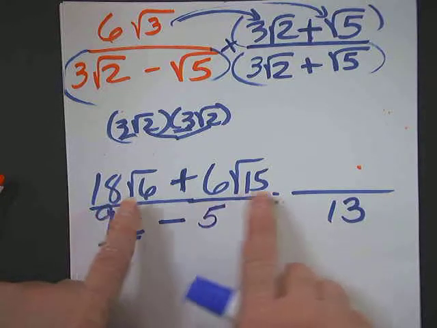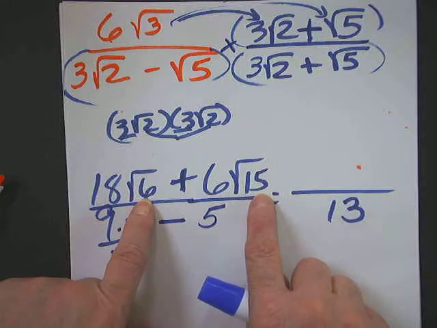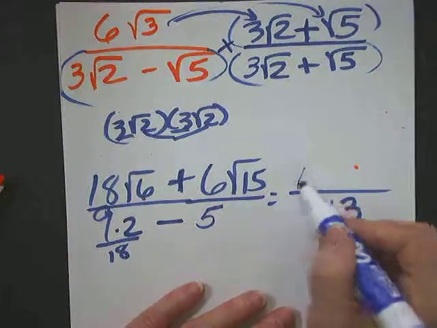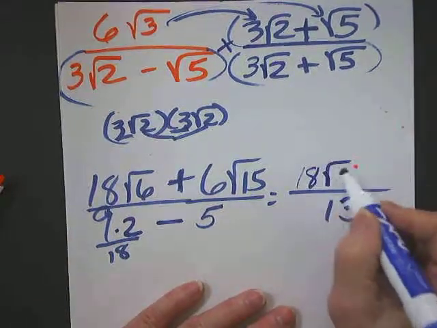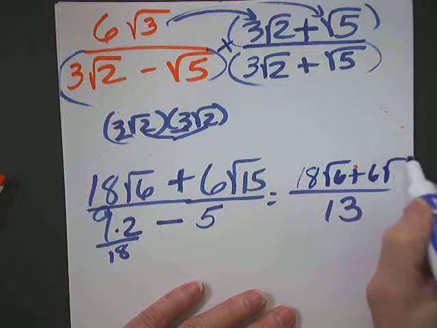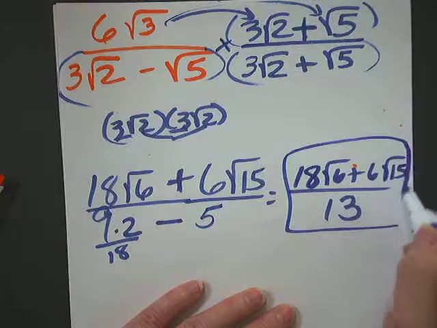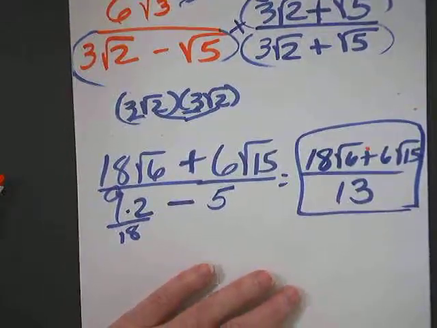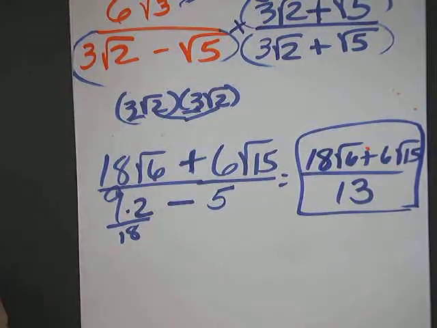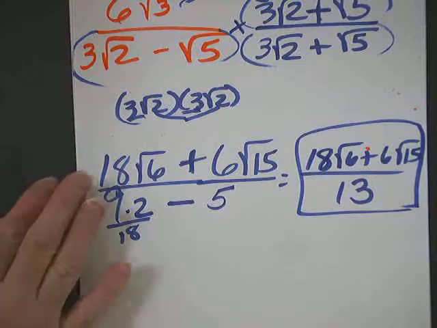This times this is 6 times 3, 18. Square root of 3 times square root of 2, square root of 6, plus 6 square root of what? 15. Square root of 15. 6 square root of 15.